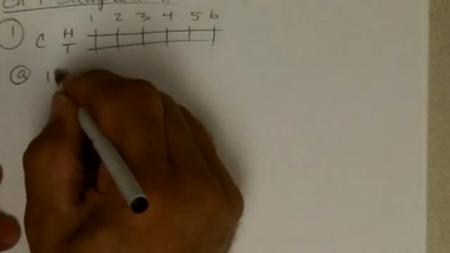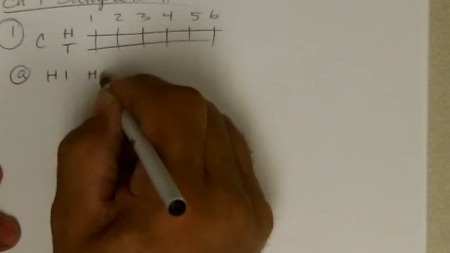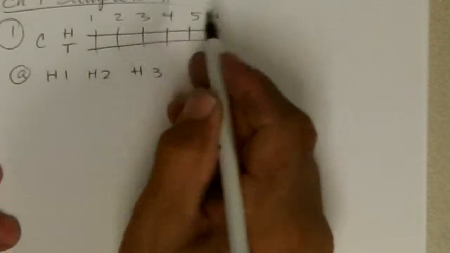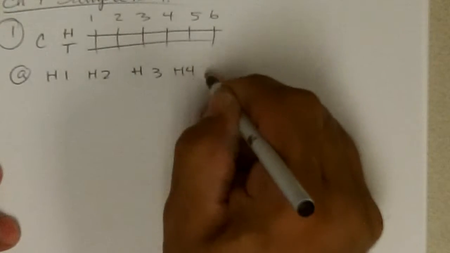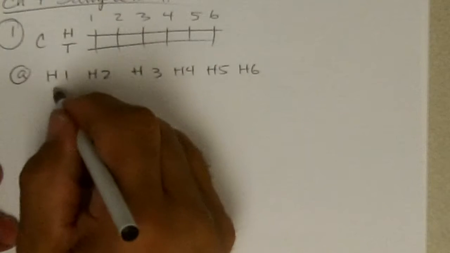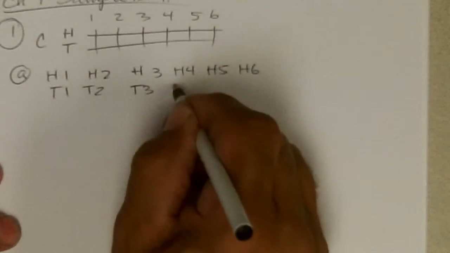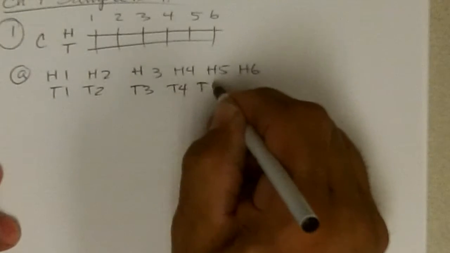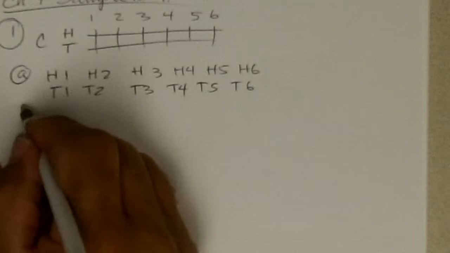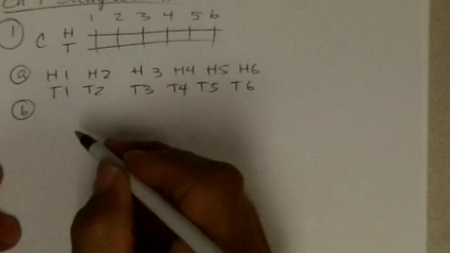Tossing a coin, it could be a heads with a die being 1, heads 2, heads 3, heads 4, heads 5, and heads 6. Or it could be a tail 1, tail 2, tail 3, tail 4, tail 5, tail 6. B. Draw a tree diagram.